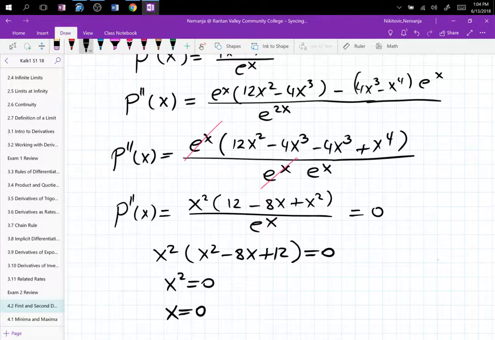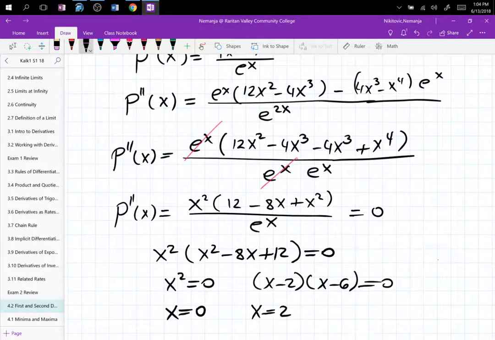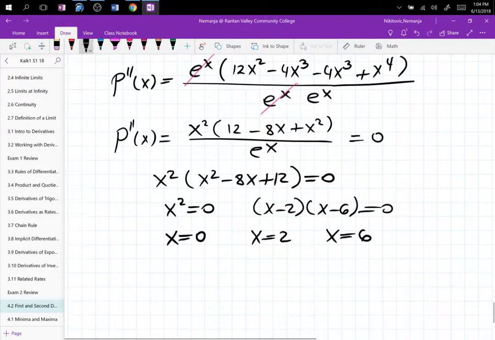So what two numbers multiply into 12 and add to 8? Factor. -6, -2. Thank you. So x minus 2, x minus 6 equal to 0. So x is 2 and x is 6. Beautiful.